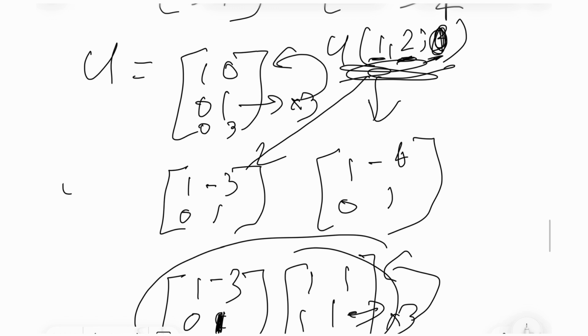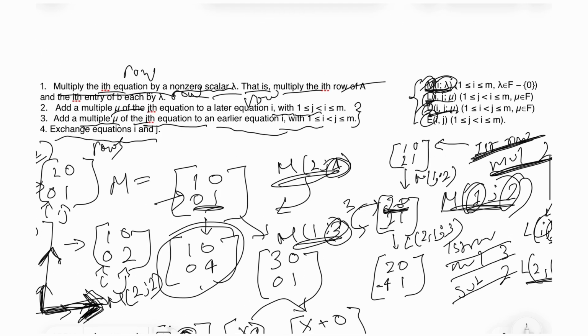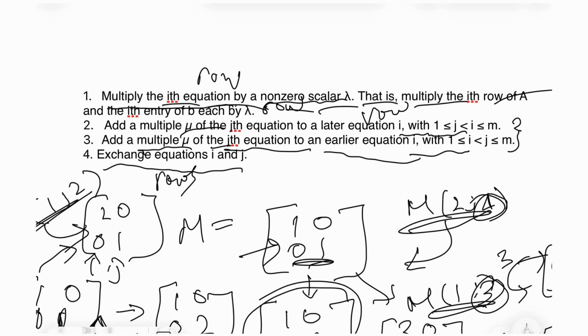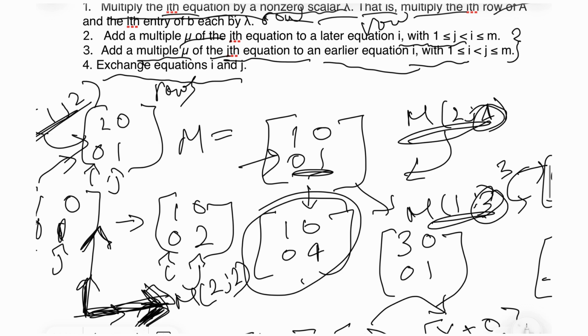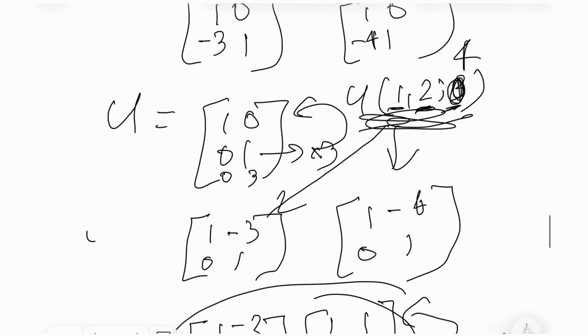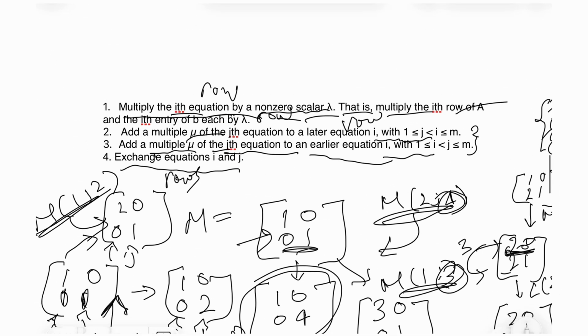Every single one of these operations, even the fourth one, can be represented as a matrix since they're all linear transformations.